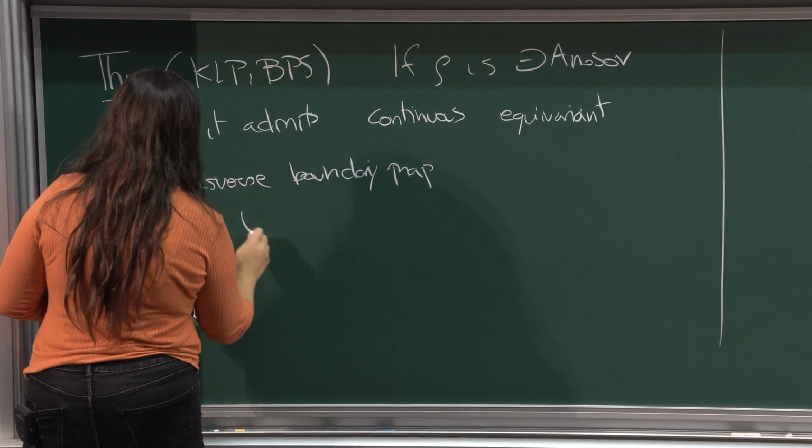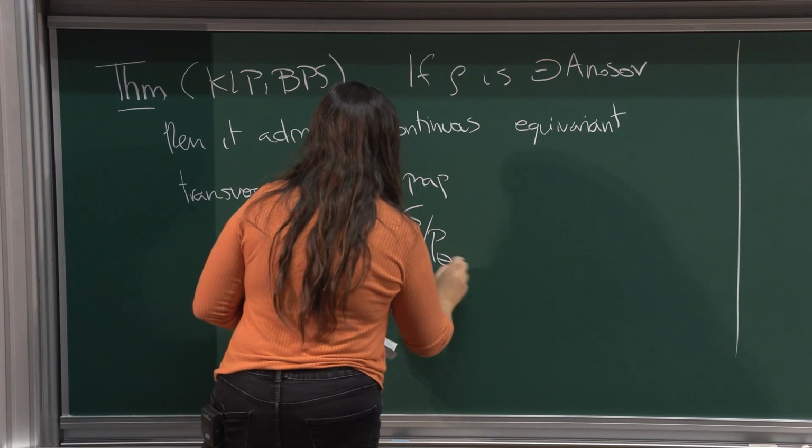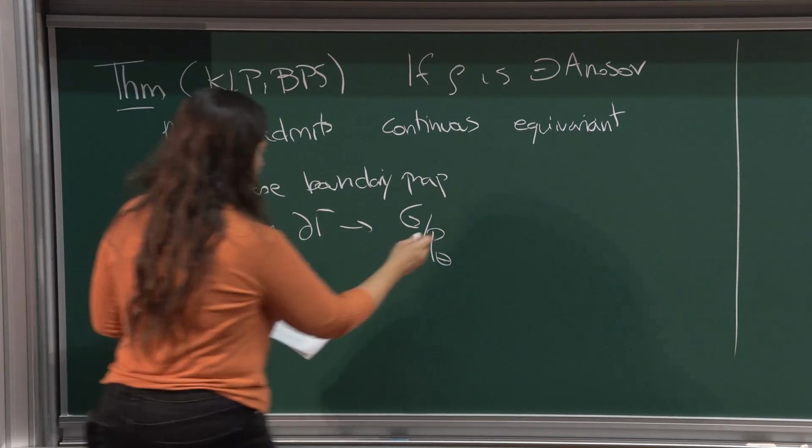Boundary map that I call phi from the boundary of gamma to G mod P theta, which is what I was calling F theta.